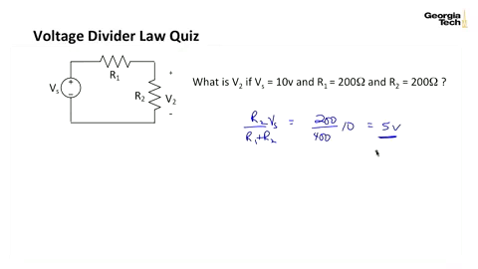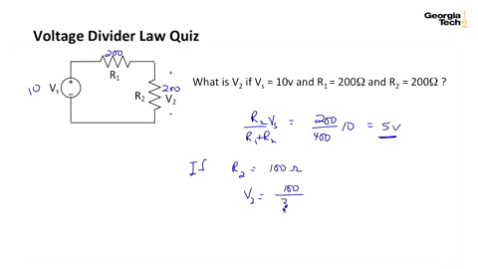And actually, it makes sense over here. If this is 10 volts and these are both 200, that means that I've got an equal amount of voltage drop across each of these resistors. So each one has 5. Now, if I had different numbers, say if R2 is equal to 100, then V sub 2 would be equal to the 100 over the sum.